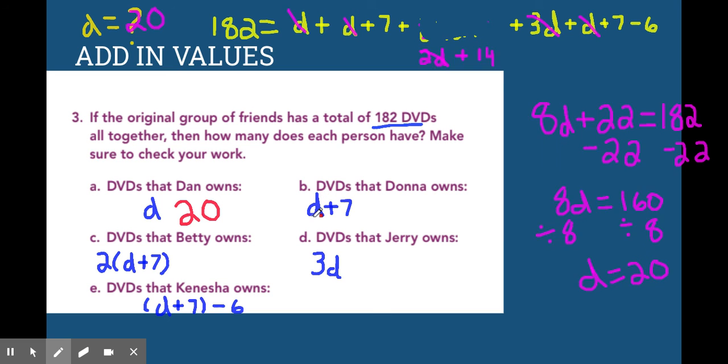Now Donna is D plus 7, so 20 plus 7 gives me 27. Now I know that D plus 7 is 27, so I'm just going to do 2 times 27, and when I do 2 times 27, I get 54.